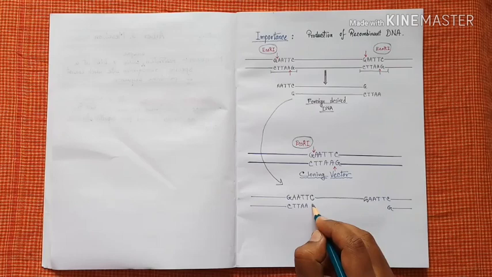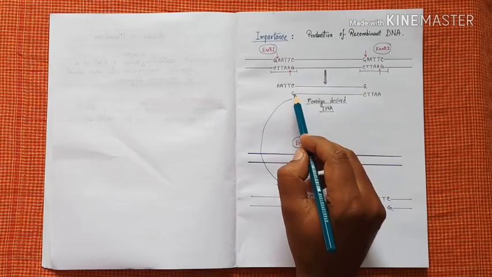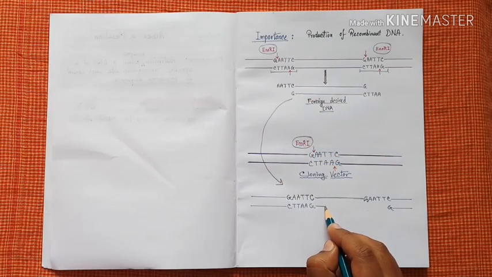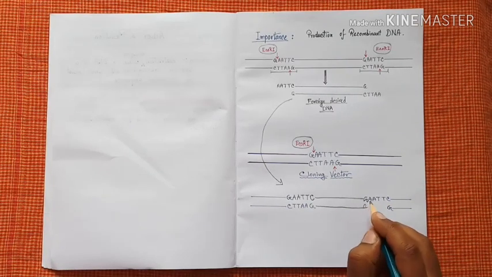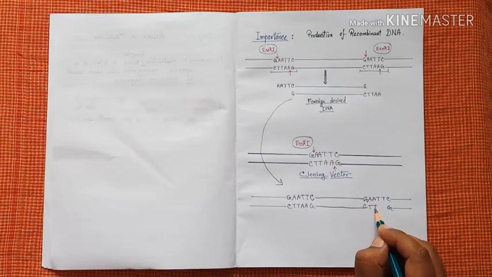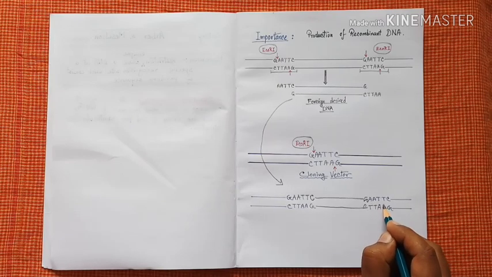On the complementary strand we have to add G, then draw this entire stretch, and on the complementary strand we will have C, T, T, A and G.